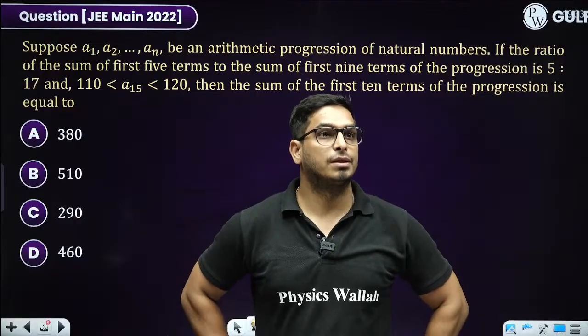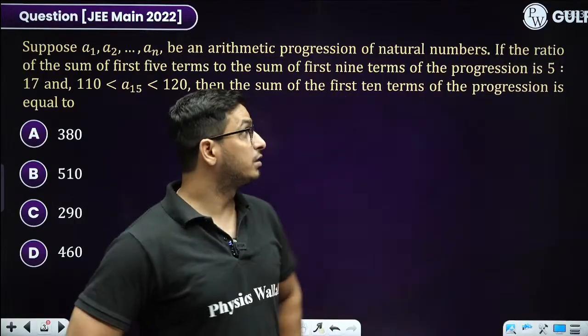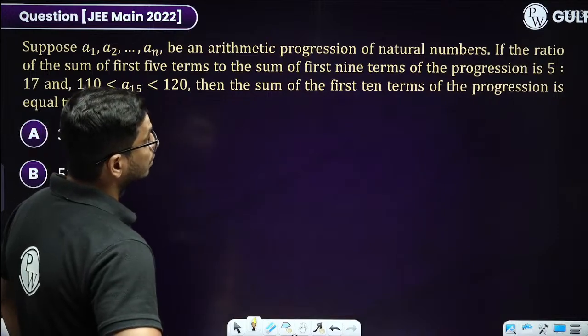The question is, suppose a1, a2, an be an arithmetic progression of natural numbers.